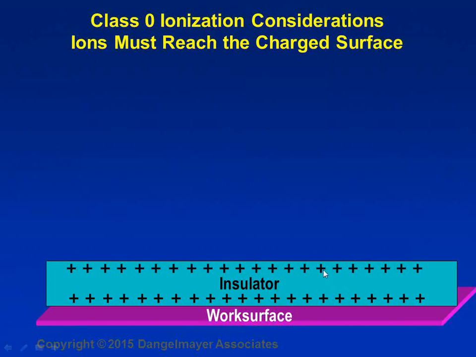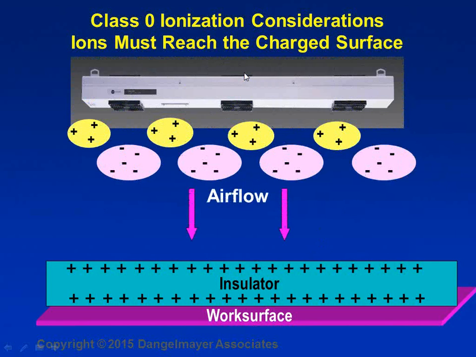We have an insulator resting on a grounded work surface, and it's charged on both surfaces. We bring in the ionizer. It floods the top surface with ionized air, both positive and negative ions, which recombine on the surface, neutralize that top surface, and the charge is balanced or removed.